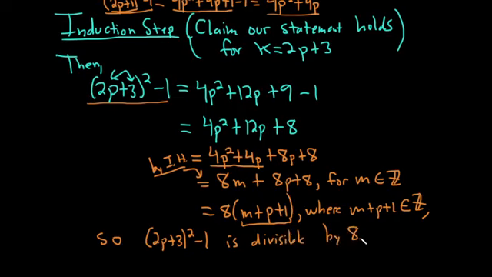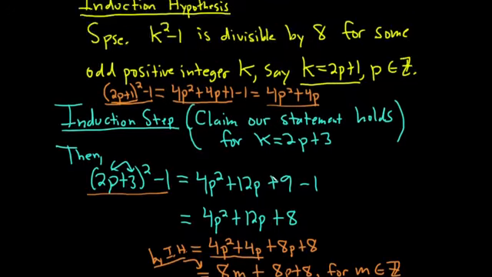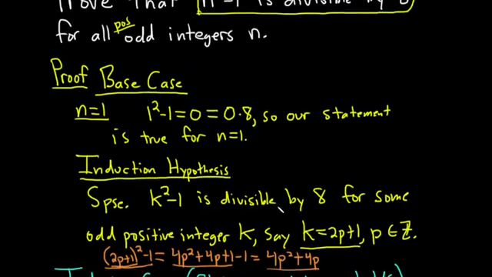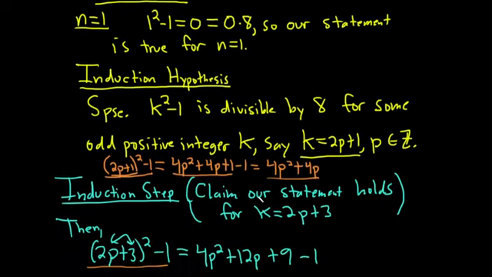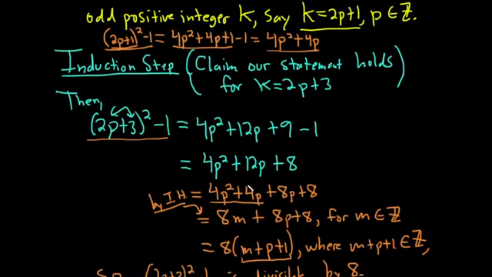So we showed that the base case is true, and we showed that if it's true for some odd positive integer, it's also true for the next odd positive integer.